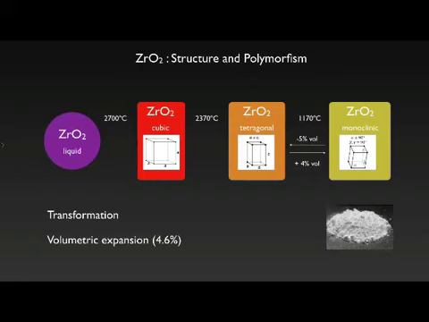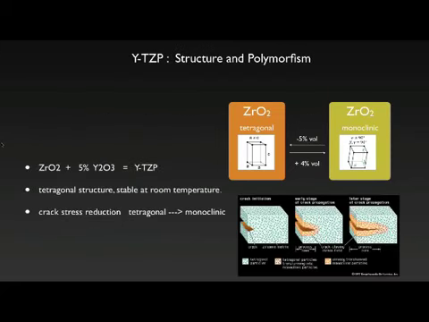That's what the role of yttria is. It is to stabilize the structure in that phase at room temperature, which gives us the ability to have strength in the material as well as resist crack propagation.